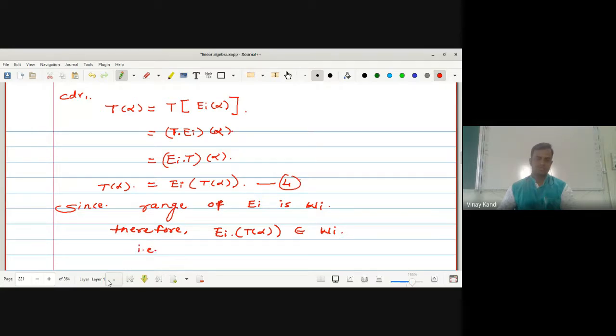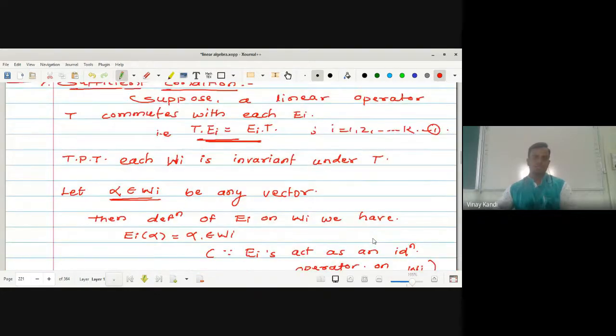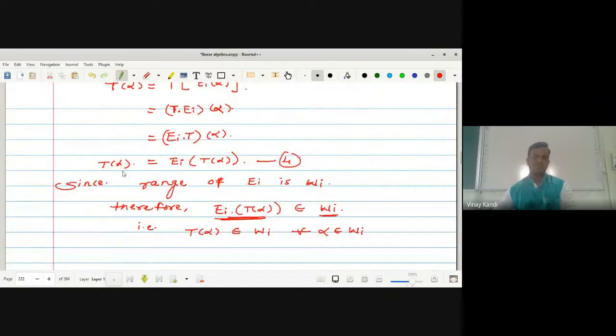That is, this Ei acts as an identity operator on Wi. So this is what T of alpha belongs to Wi, for all alpha belongs to Wi. Here we have taken any arbitrary vector belonging to Wi and we get T of alpha belongs to Wi for all alpha belongs to Wi.